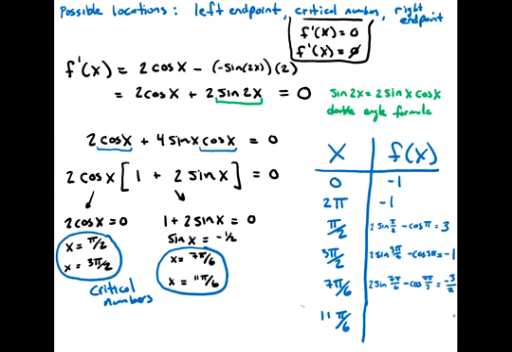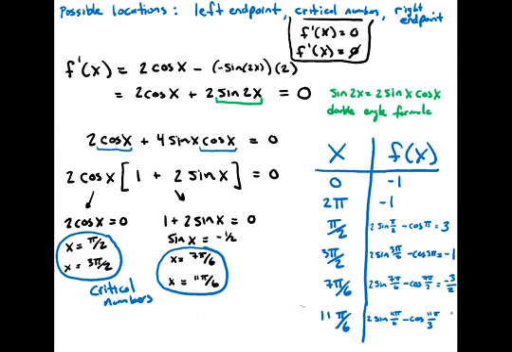And finally, 11 pi over 6. So we have 2 times the sine of 11 pi over 6 minus the cosine of 11 pi over 3, which is the same as, well, an angle of 11 pi over 3.